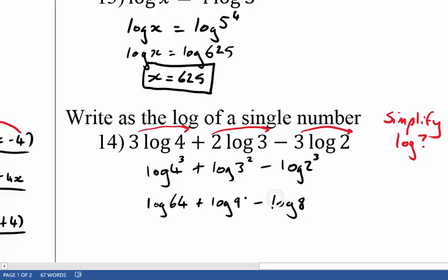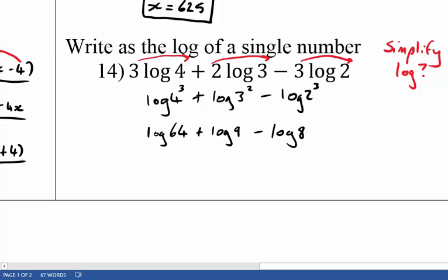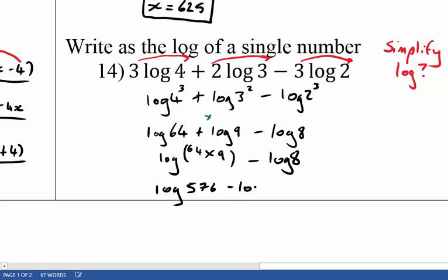Now I'm trying to combine these. To combine ones where you add them, you need to times the numbers. There's a little sort of times sign going on. So it's going to be log 64 times 9 minus log 8. So that'll be log 64 times 9. I'll need to do that on my calculator. 576 minus log 8.